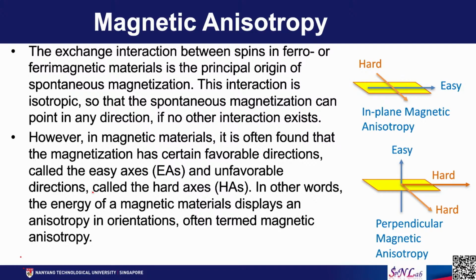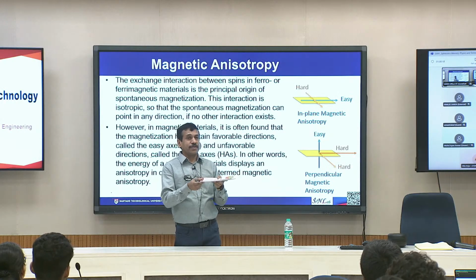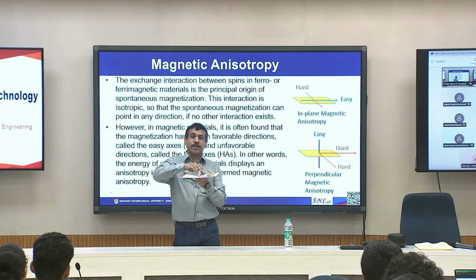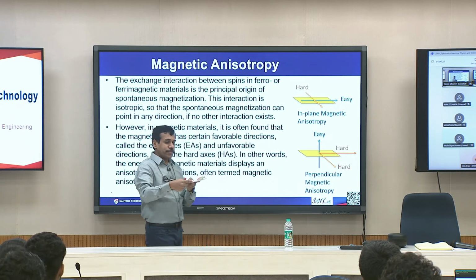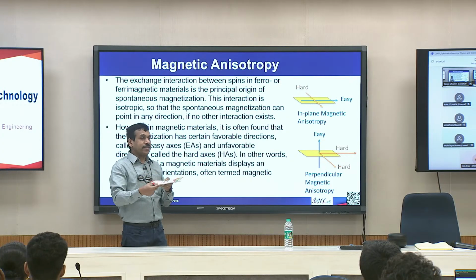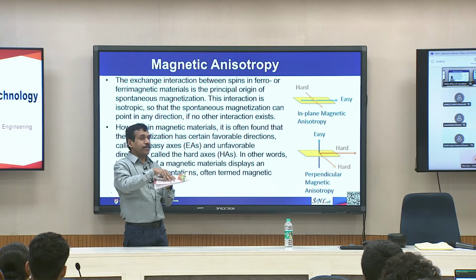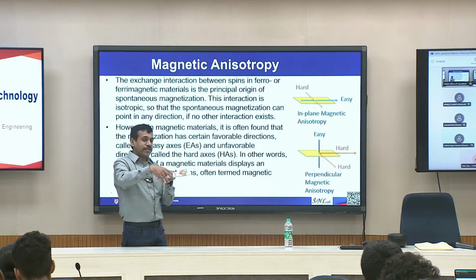Let us take a few cases. Let us say this is a piece of magnetic material you have. If I measure the hysteresis loop along this direction, or in the other direction, and the hysteresis loop is different in the two directions, we can say that this material has anisotropy within this plane itself.